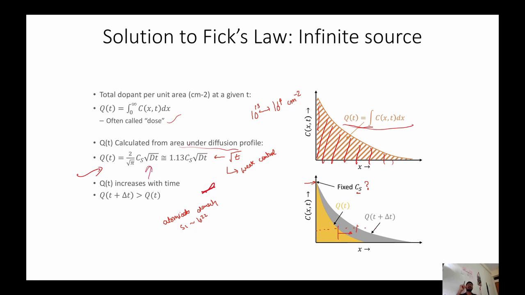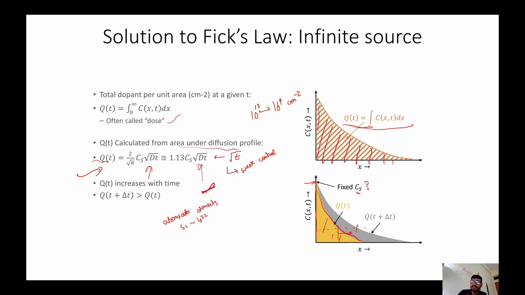The dose is nothing but how much dopant is going inside. So if we want to increase the dopant concentration inside the crystal, we will increase the time. Qt is given by this, and the area under this graph is Qt.